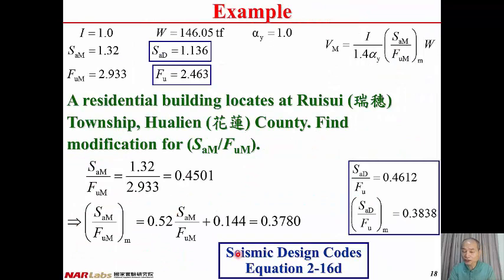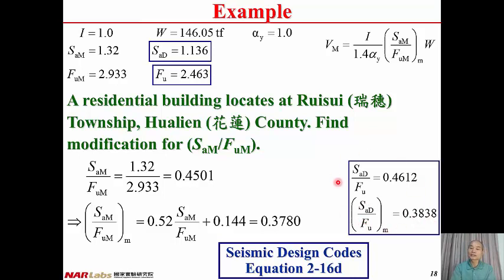According to the Seismic Design Code equation 2-16D, SAM divided by FUM modification equals 0.52 SAM divided by FUM plus 0.144, equal to 0.3780. And from the previous lecture, we have SAD divided by FU equal to 0.4612, and the modification of the ratio SAD over FU equals 0.3838.